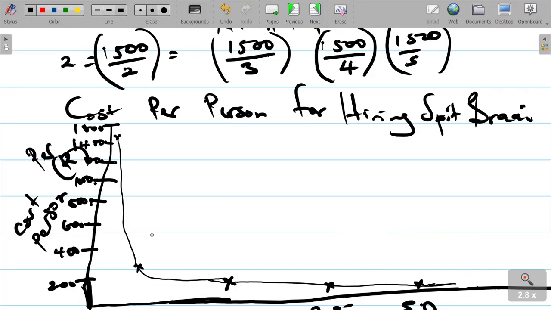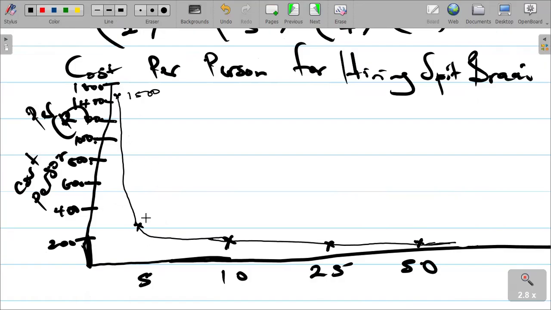I'm sure we can see this. Here we say 1,500. We said 300 with 5 people. There is a 300 rand contribution.